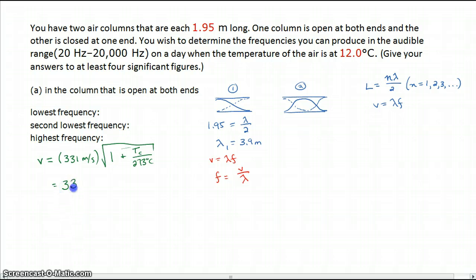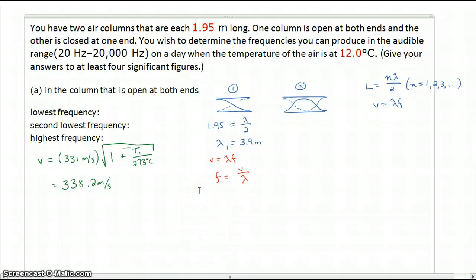You're going to get 338.2 meters per second. So there's a secret little step in here that we had to use in order to get this.